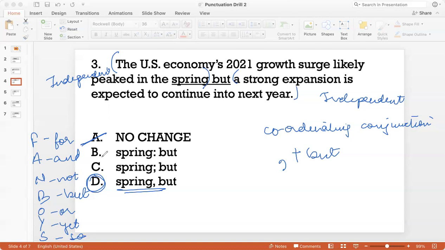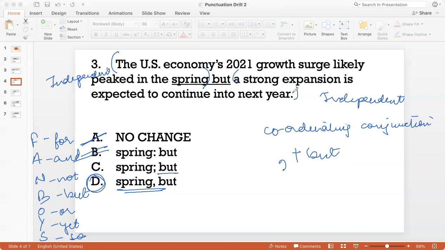And I can't use a semicolon if the part after the semicolon begins with a conjunction. I could have used a semicolon if I just said the US economy's 2021 growth surge likely peaked in the spring. A strong expansion is expected to continue into next year. Then a semicolon is fine.